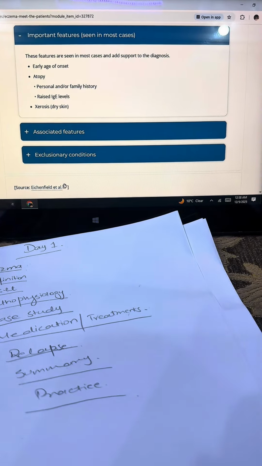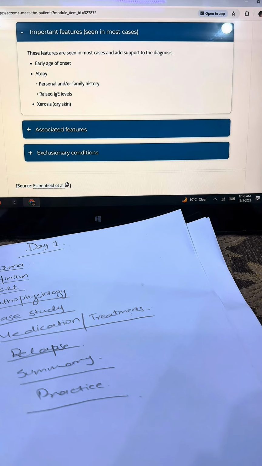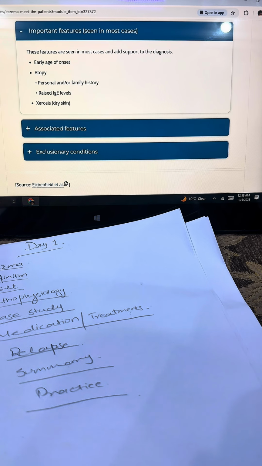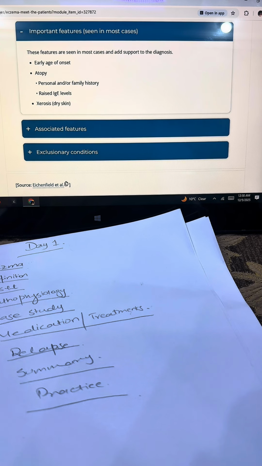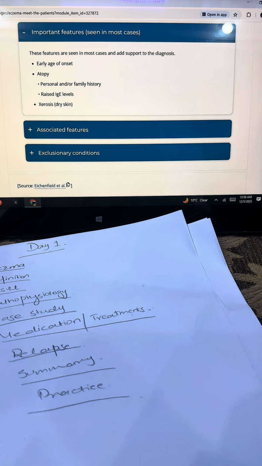Important features include early age of onset. Atopy means a genetic tendency towards allergens. It includes personal or family history and raised IgE levels. IgE are immunoglobulins, antibodies that respond to a specific allergen. Xerosis means extensive dryness of the skin.